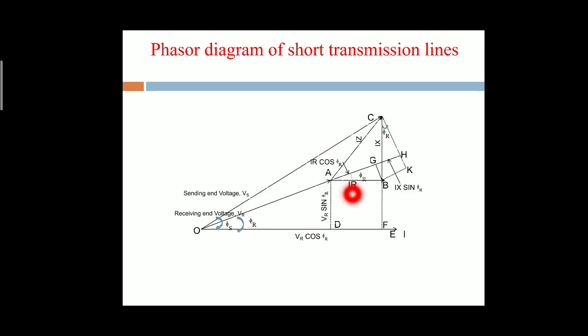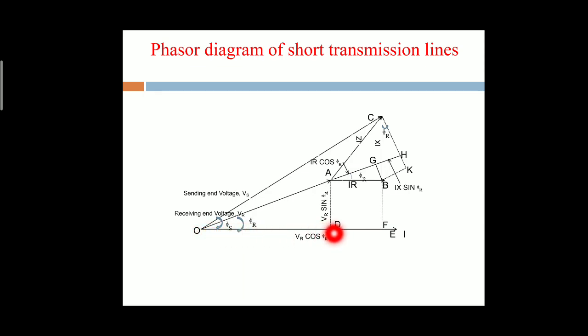Okay, therefore, next one is the sending end power factor, that is cos phi s. What is the formula for cos phi s? The formula for cos phi s is the adjacent side by the hypotenuse. Adjacent side means OF. What is the value of OF?